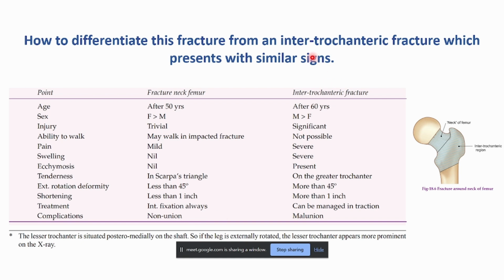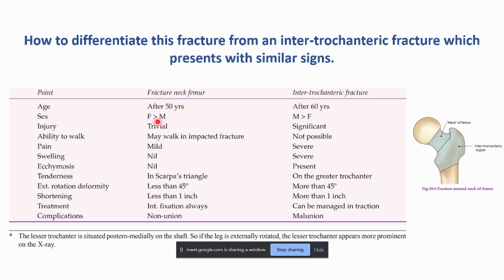The signs of intertrochanteric fracture and the fracture of neck of femur are the same, so we should be able to differentiate between these two. In the fracture of neck of femur, the tenderness is present in the Scarpa's triangle, that is the femoral triangle. Whereas in the intertrochanteric fracture, the tenderness, that is pain, is felt mainly at the greater trochanter of the femur.